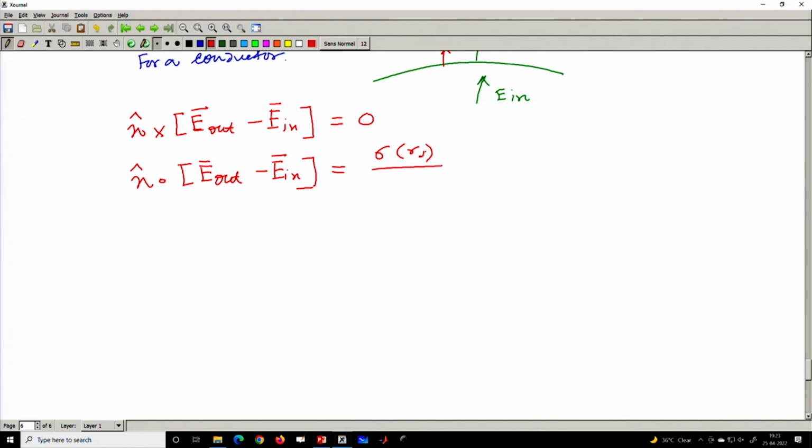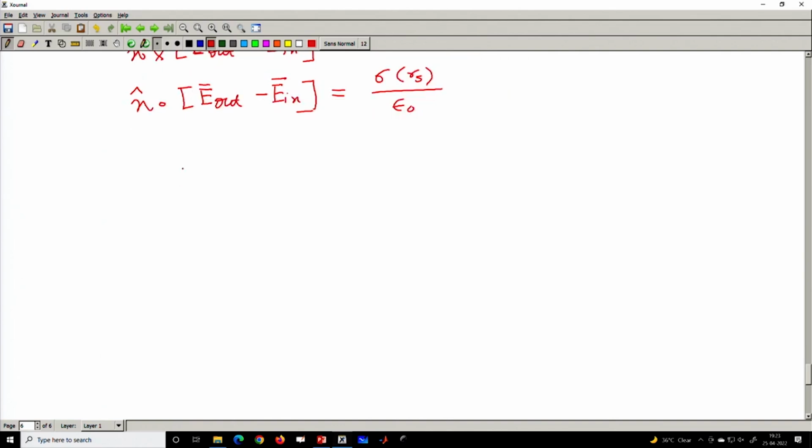For a conductor, over the surface I am having sigma R s, that is over the surface, divided by epsilon 0.